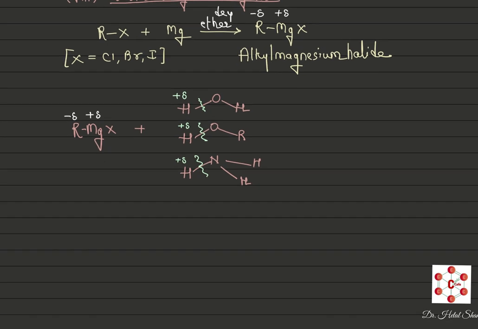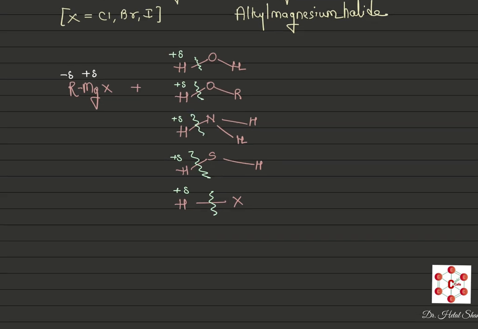Pay attention, still more to come. H connected to S, the same thing. H connected to any halogen, same thing. Or it can be an H which is connected to an electronegative carbon.